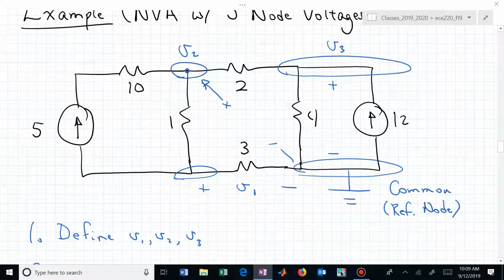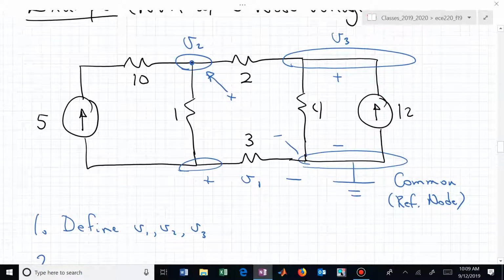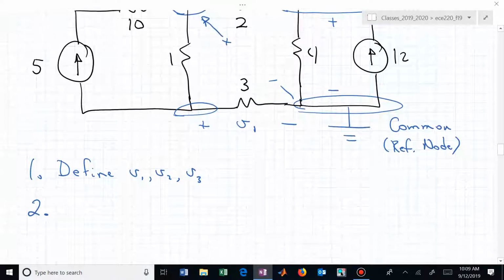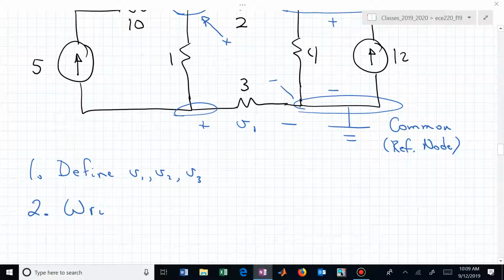Is that clear? We've now defined V1, V2, V3 to analyze this circuit. What's the next step? Now we just write KCL equations at each of those nodes, node 1, node 2, and node 3, the way that I've labeled them. So now I write KCL equations.